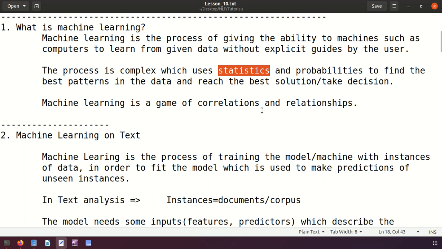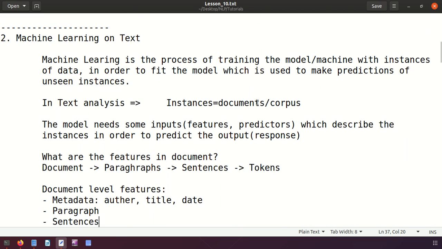So in short, machine learning finds the relationship and correlation between the features, the inputs we provide, and based on those relationships and correlations it will predict the output or find the solution for the data.